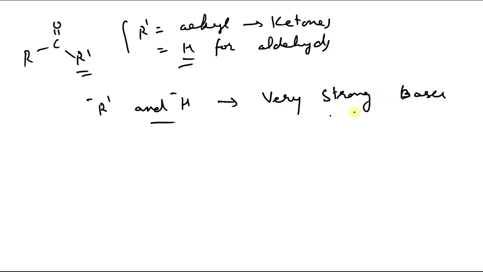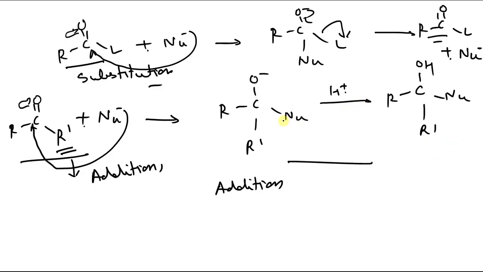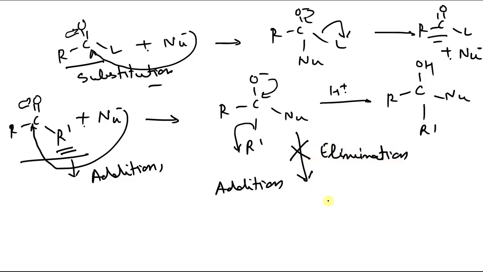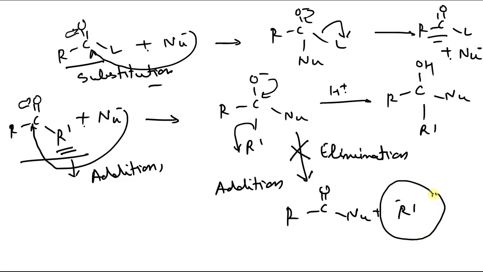Now we know that strong bases are poor leaving groups. So that's why elimination doesn't occur here. Because R dash negative is a very strong base, it is a very poor leaving group. Because of that they prefer to undergo addition reaction.